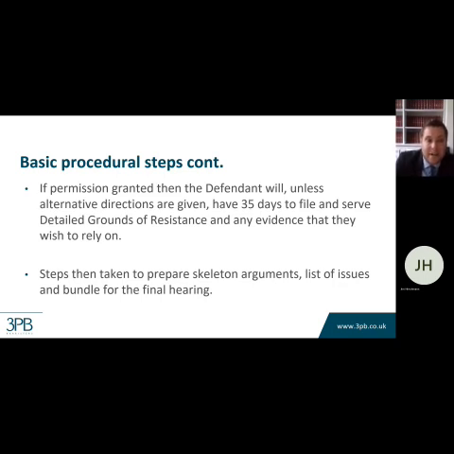The claimant, interestingly enough, doesn't really need to procedurally do anything. They simply need to wait for the defendant's grounds of resistance. Once that's done, various steps are outlined in the CPR, as you would expect to prepare for any type of hearing. Skeleton arguments, lists of issues need to be drawn up, and a bundle prepared.